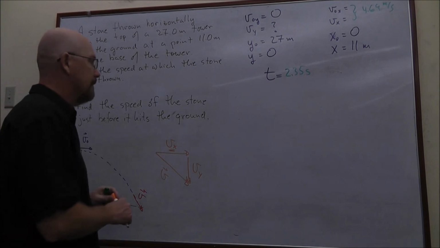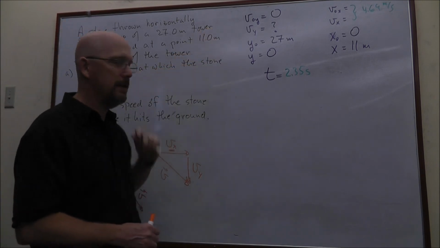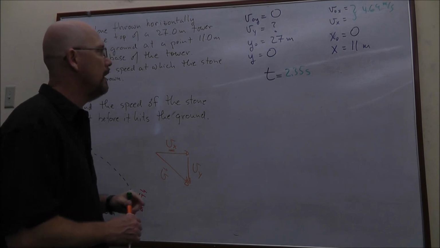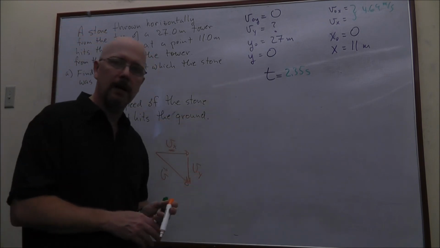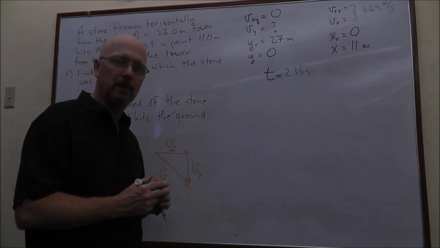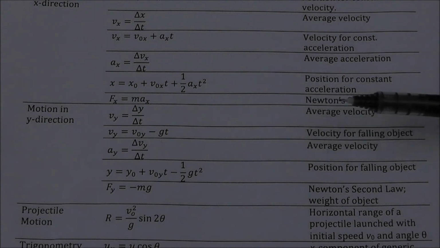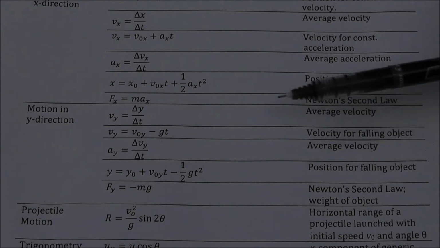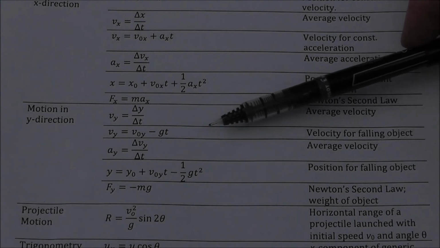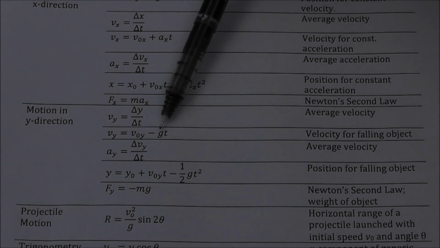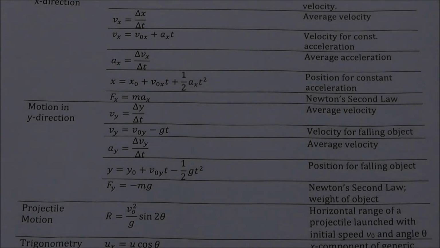How do I find that? Well, let's look at our y equations again, or I should say the things we know about y. We now have the time. And we're going to go back to our toolbox and look at the y equation. So what we need now is the y velocity for the stone after it's thrown off the tower. In this equation, this is what we want to know. We know this, and we know this. So that's the right equation.